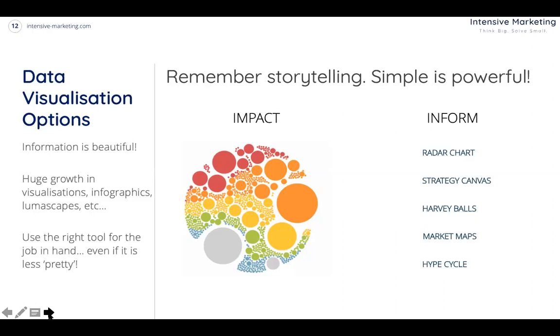You want a decision to be made, or you want your proposition or your investment to be supported. So you're more likely to use things like a radar chart, a strategy canvas, some Harvey balls, a market map like I've just done, or indeed a hype cycle. So that's it. That's positioning maps. Very simple, super powerful. Be creative, be impactful, inform people.